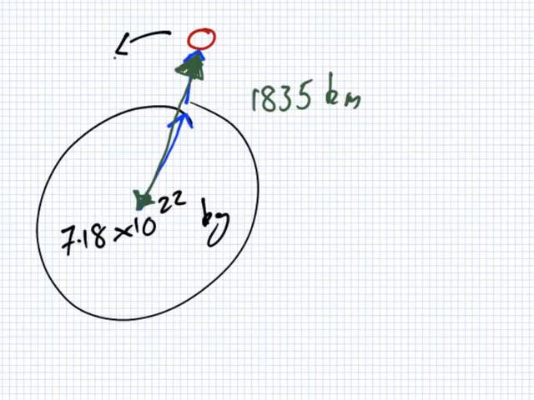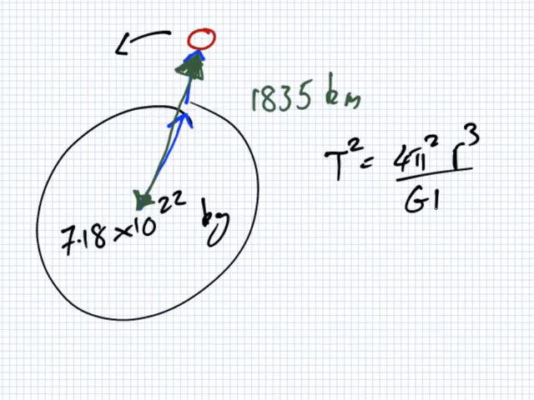It's in fields. Kepler's law, there it is. Read out the formula. T squared equals 4 pi squared R cubed over G M.